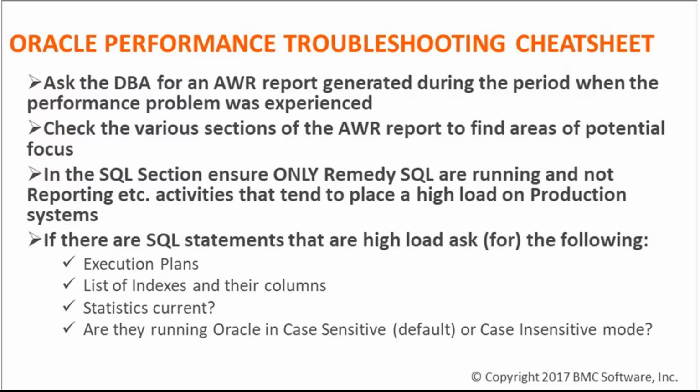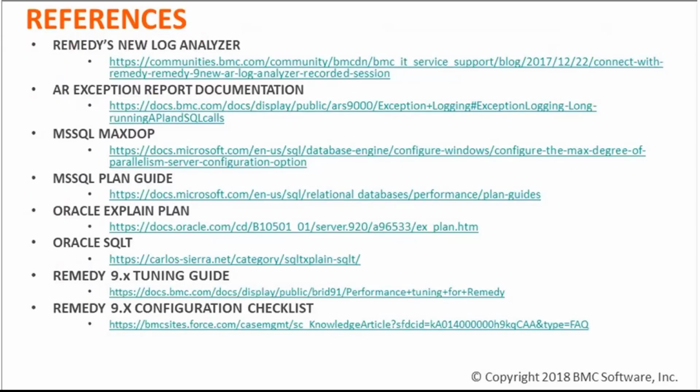So this is a cheat sheet for Oracle, and usually the cheat sheet is similar for SQL Server also, especially the execution plans and all that stuff. Not necessarily the case sensitive, insensitive one, but the execution plan, indexes, and your statistics apply even to SQL Server. So here are your references.